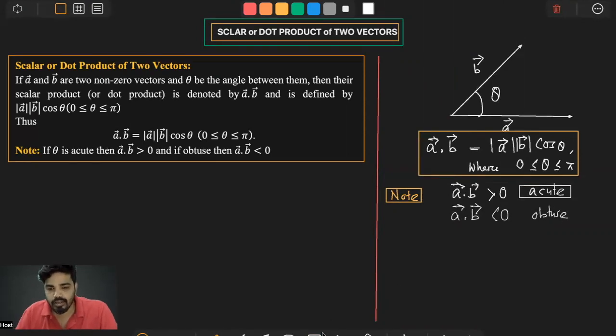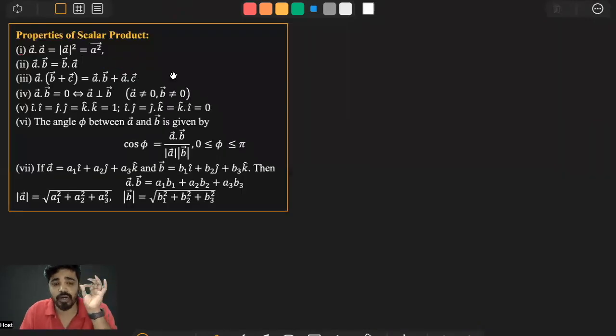Now we see some basic properties of scalar product or dot product. Based on these properties we will solve the problems. First, scalar product is commutative.